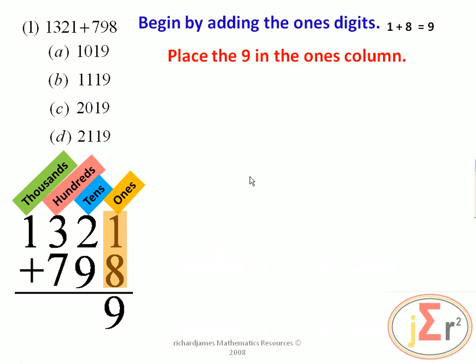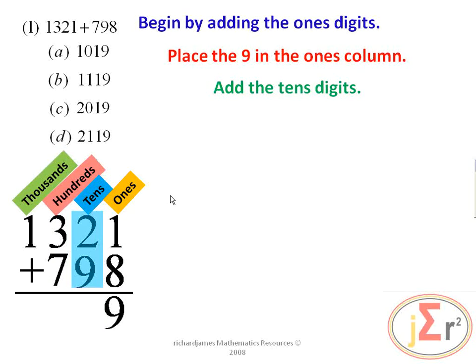And after adding those numbers in the ones column, what do we do? Right, we will go to the tens column. We begin and we go in order from right to left. Add the tens digits.